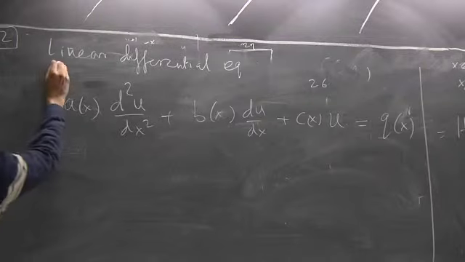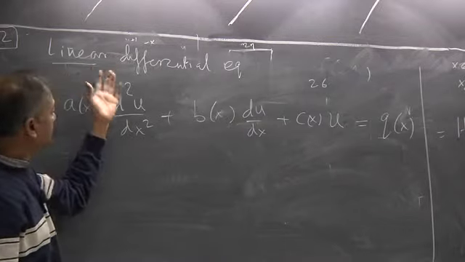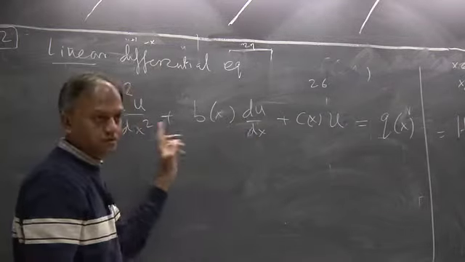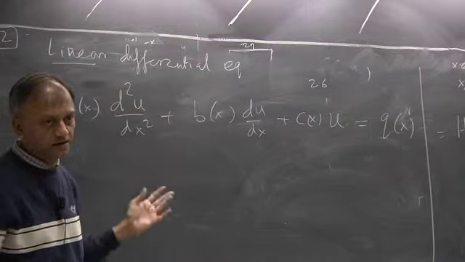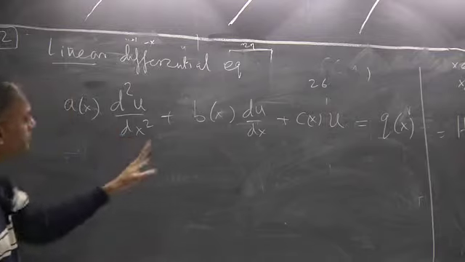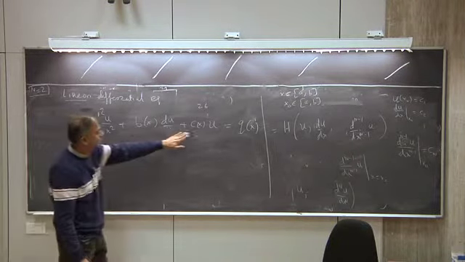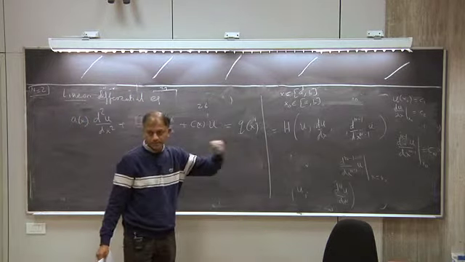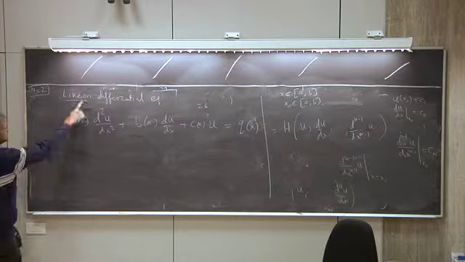You see, linear, that's the important point. That's why I'm able to write this. If it were nonlinear, you could have products of these, that will be additional pieces, or cubic terms, or whatever. But for a linear differential equation, that's what it is. So you have four functions, a, b, c, and q. Okay, so this is called a linear differential equation.